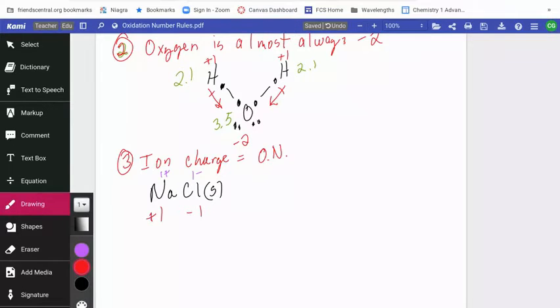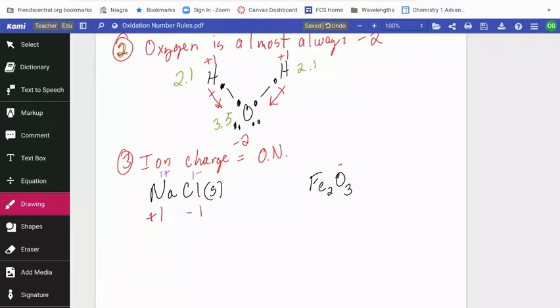And take a look at something else. Let's take a look at another ionic compound. Let's put some multiples in here. Let's look at something like iron oxide. All right, so we'll go 2 and 3. So what are we going to have here? Well, we know the charge of oxygen is a -2. Oxygen's a nonmetal here. The Fe is a metal. So when you have nonmetals and metals, you have charges usually.